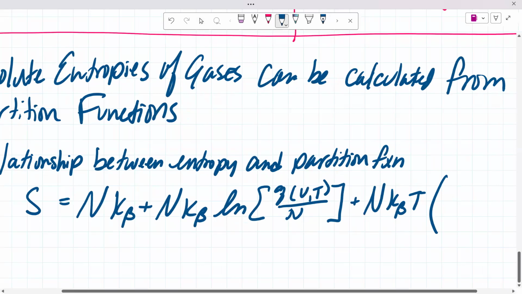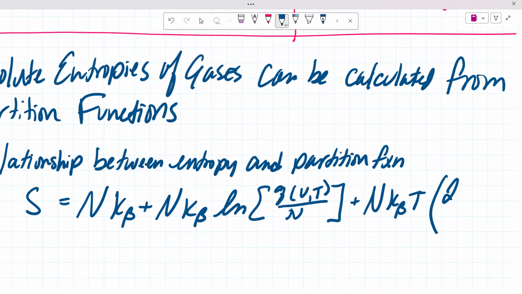Let's do it like this. All right, we have a few things to annotate here. This capital N is the number of particles in a macroscopic system.